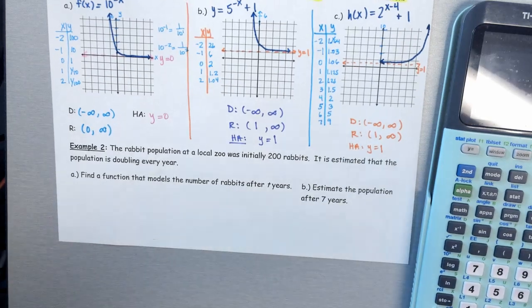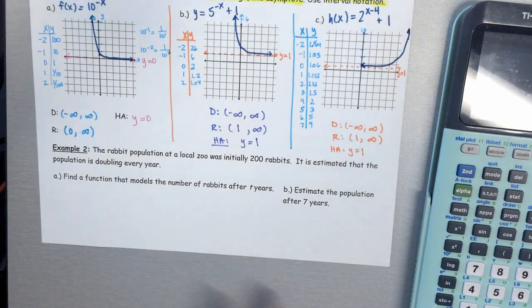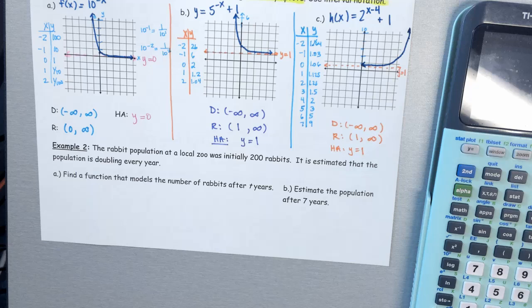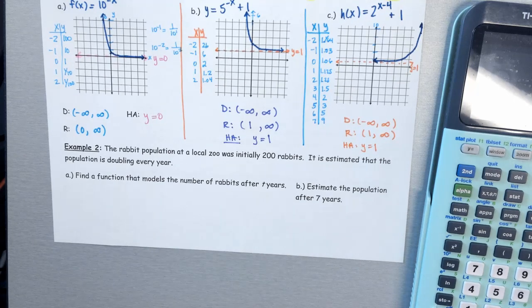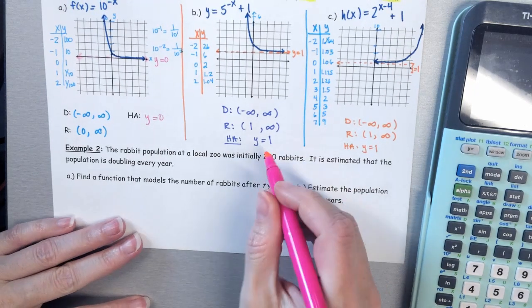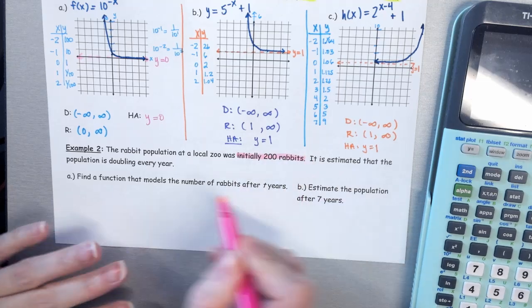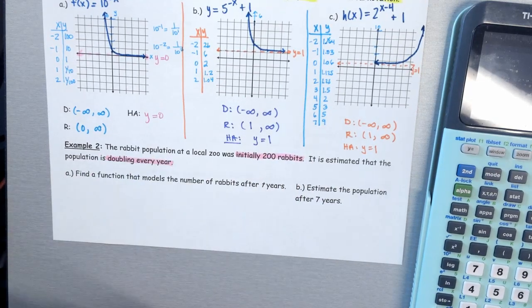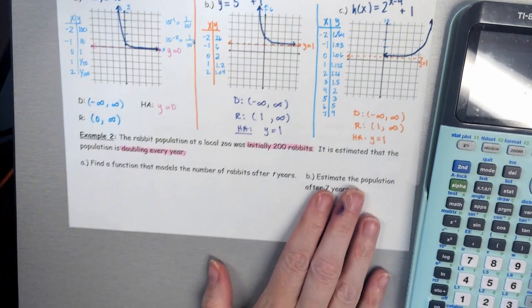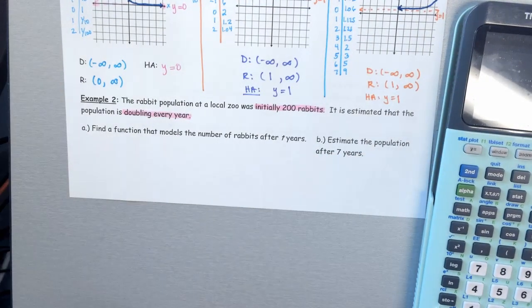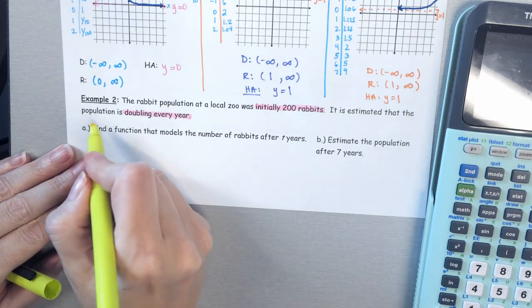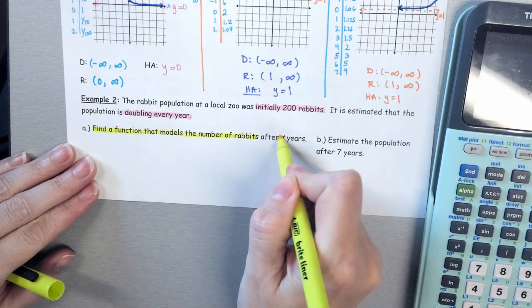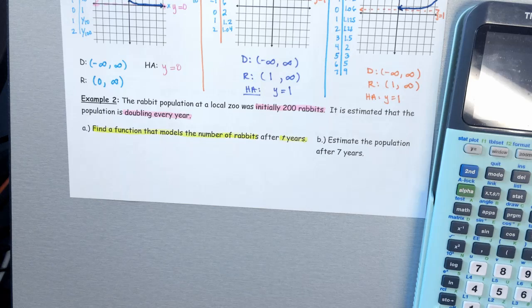All right, now, whenever we talk about exponential growth, we always talk about animal populations. So a rabbit population at a local zoo was initially 200 rabbits. And it's estimated that the population is doubling every year. Okay, so we're going to find a function that models the number of rabbits after t amount of years.